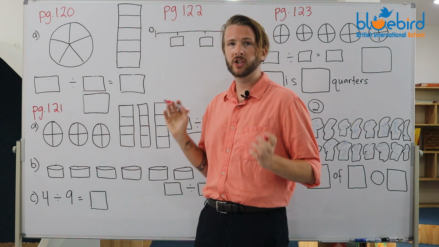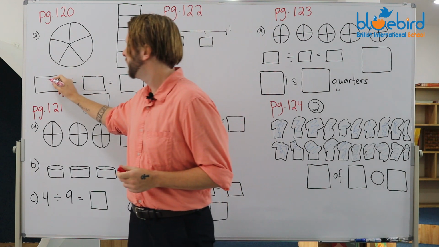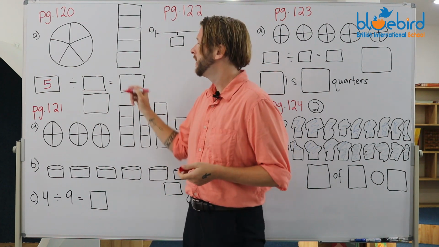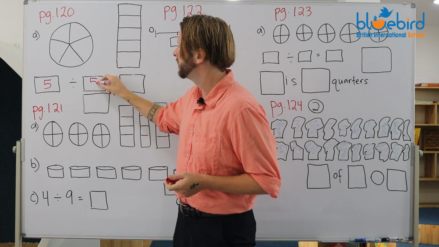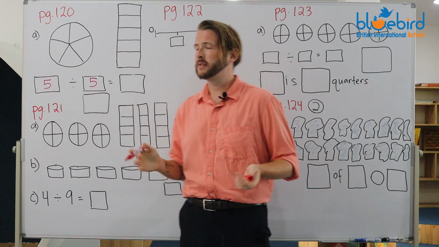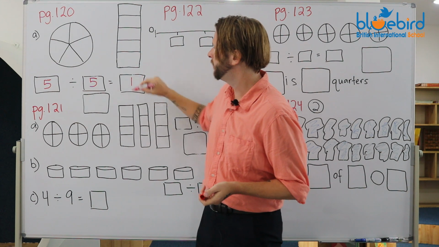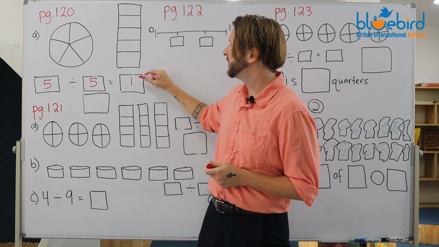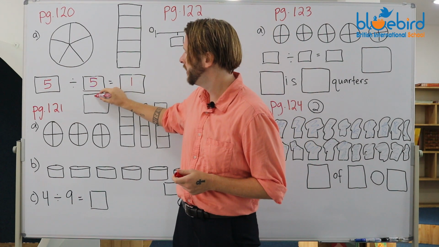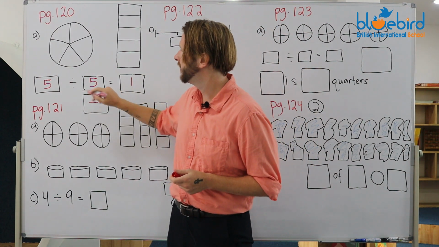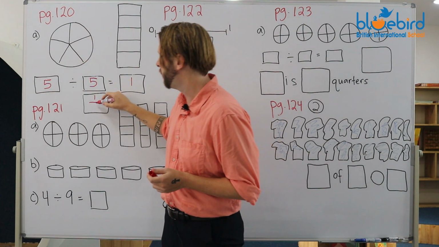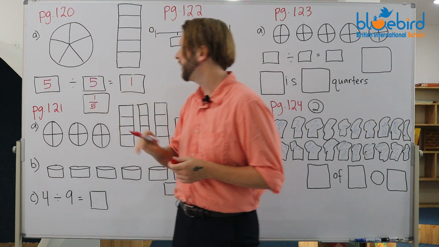So we have our total parts, 5, divided by 5 girls equals 1 piece of pizza. So each girl is going to get 1 out of 5 pieces of pizza. 1/5 of a pizza.